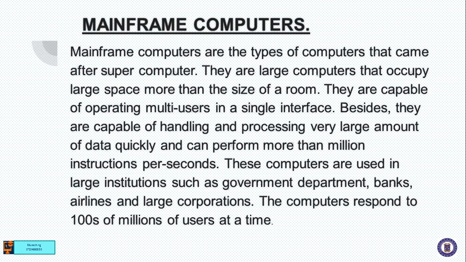They are large computers that occupy large space, more than the size of a room. They are capable of operating multi-user. Now, I told you that the supercomputer also is capable of operating multi-user.